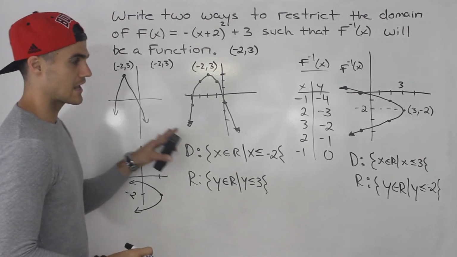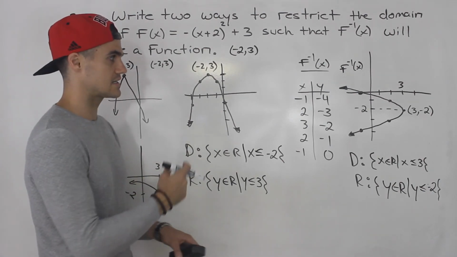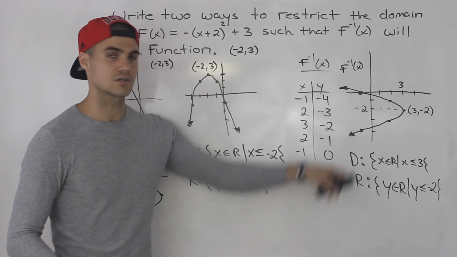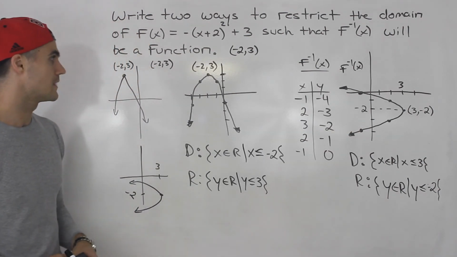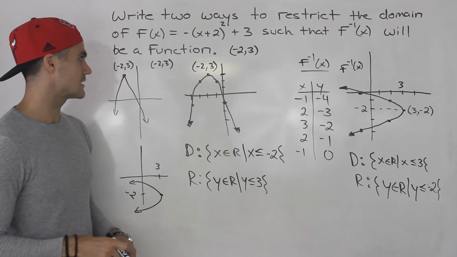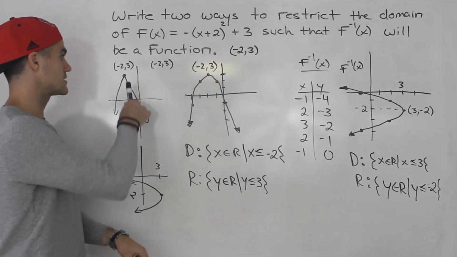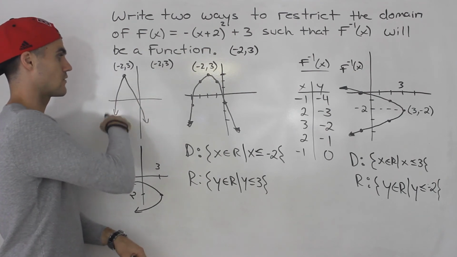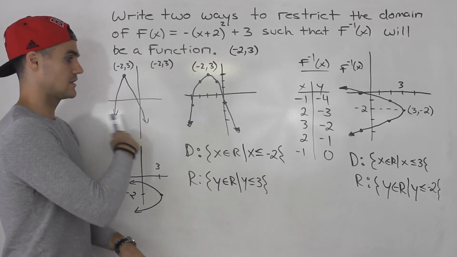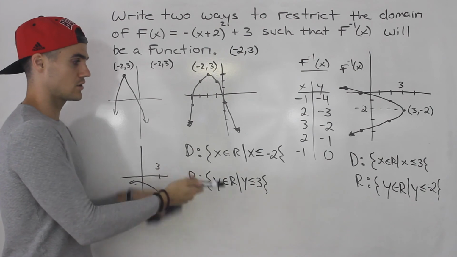Right? So you don't have to make a table. I just did it so you can see how the inverse looks a little bit more specifically. But if you're pretty comfortable with parabolas at this point, all you need for a parabola and its inverse is the vertex and whether it opens up or down. Then you could get the domain and range, and then you can just switch that.